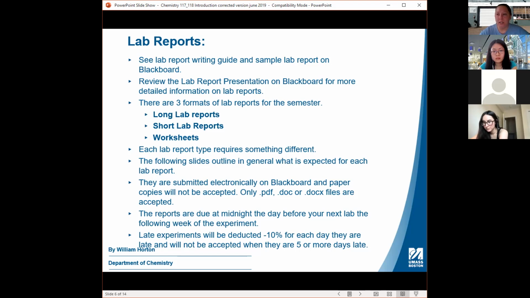For those of you who are taking organic chemistry in the future, I would recommend saving the lab report writing guide, as the rubrics that we use are all based off the lab report writing guide. Okay, so there are 3 different formats for our lab reports. So we will have one long lab report this semester. Most of our lab reports will be short lab reports, also called abbreviated lab reports.